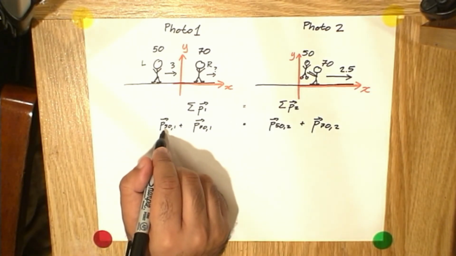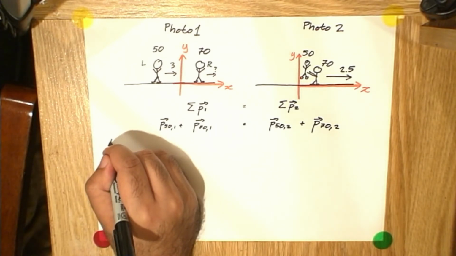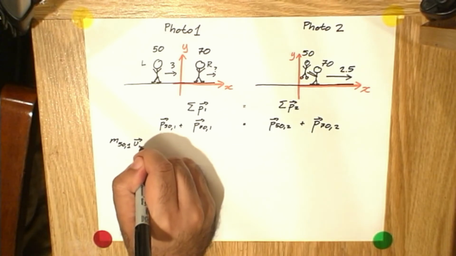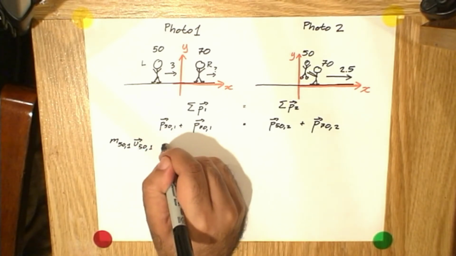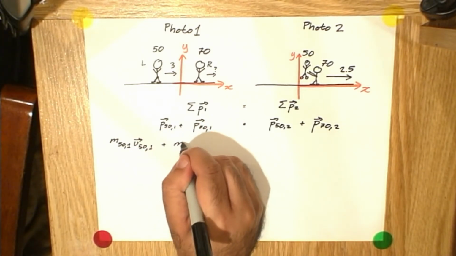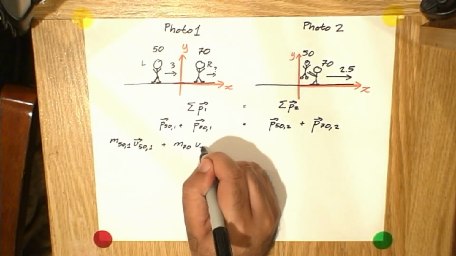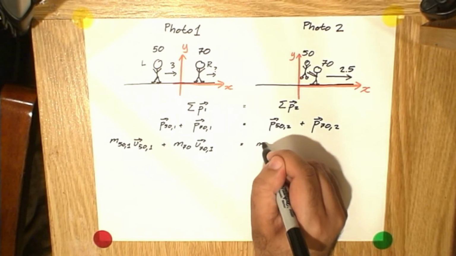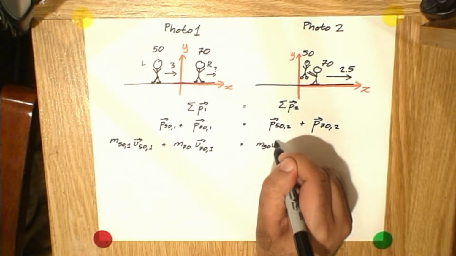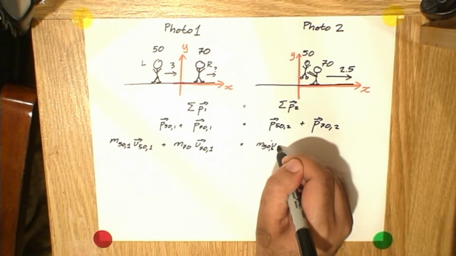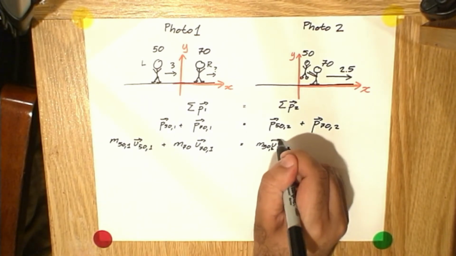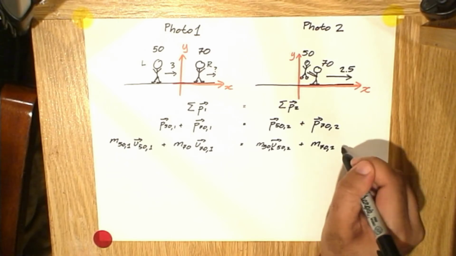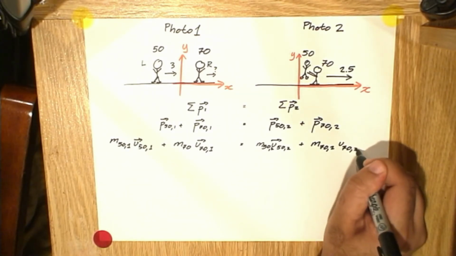The momentum of the 50 kilogram skater in photo 1 is the mass of the 50 kilogram skater times the velocity of the 50 kilogram skater in photo 1, plus the momentum of the 70 kilogram skater in photo 1, which would be mass of 70 times velocity of 70, all of which is equal to the mass of the 50 kilogram skater in photo 2 times the velocity of the 50 kilogram skater in photo 2, plus the mass of the 70 kilogram skater in photo 2 times the velocity of the 70 kilogram skater in photo 2.